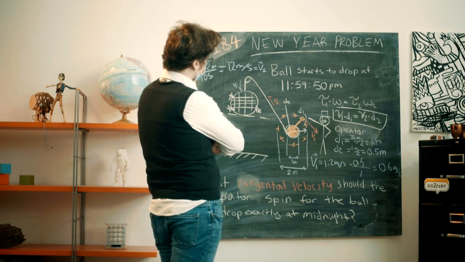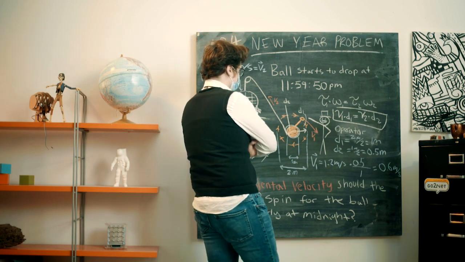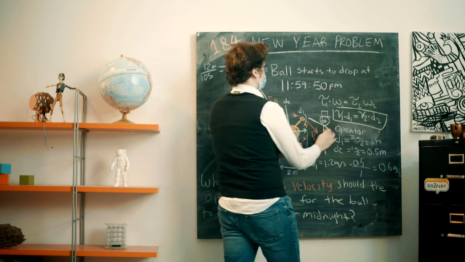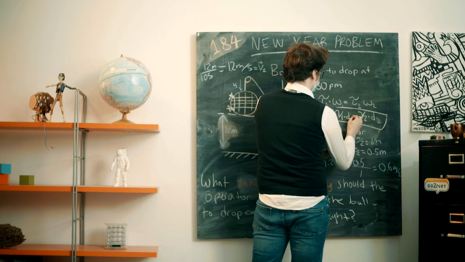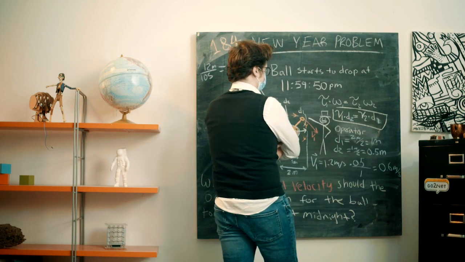Okay, but that actually doesn't seem right to me. I think it should be the other way around. Yeah, so this equation, there's something wrong with this equation here. So that's going to have to be D2, and this will have to be V1.